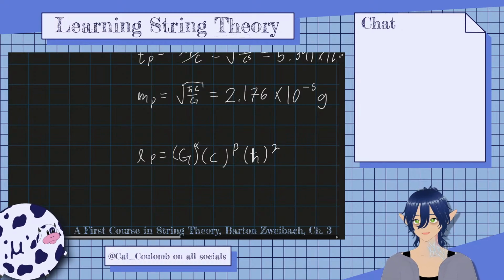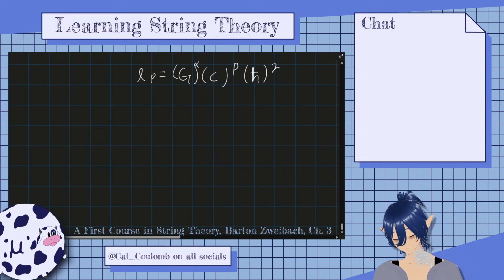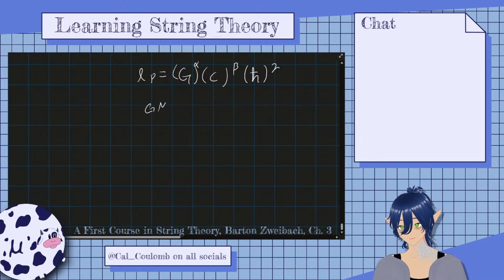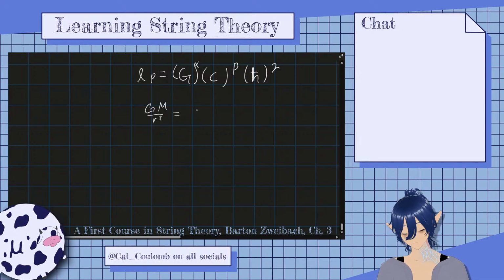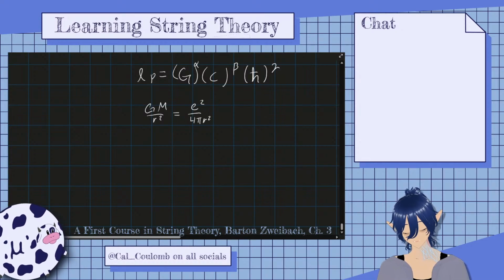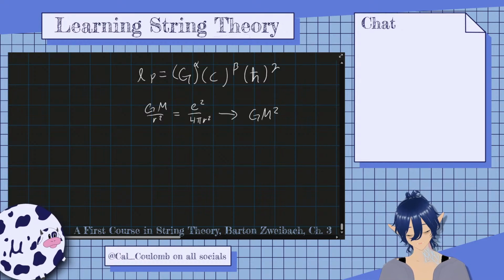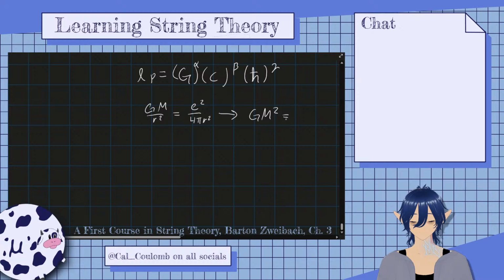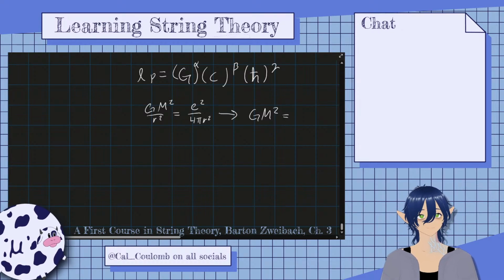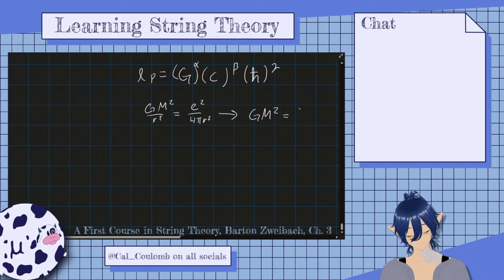Equating the magnitudes of the electric and gravitational forces, we get G m squared over r squared is equal to e squared over 4 pi r squared, which gives us G m squared is equal to e squared over 4 pi.